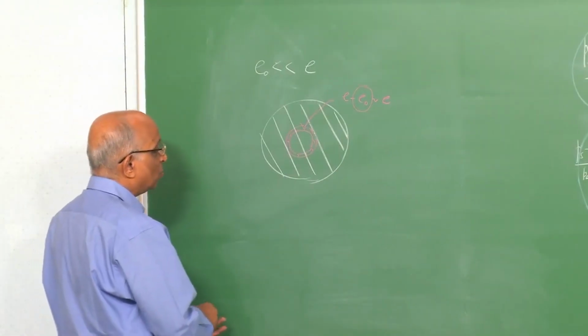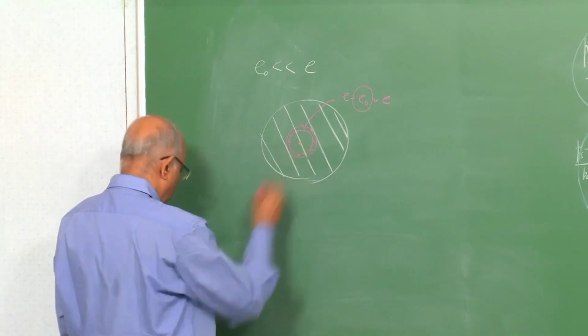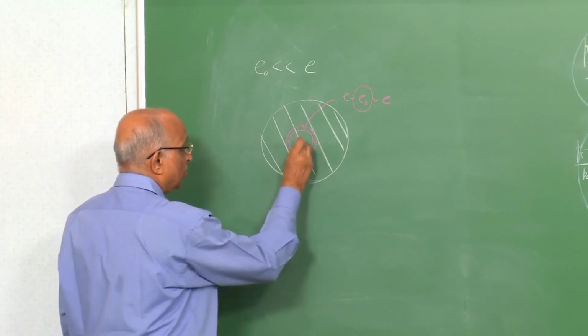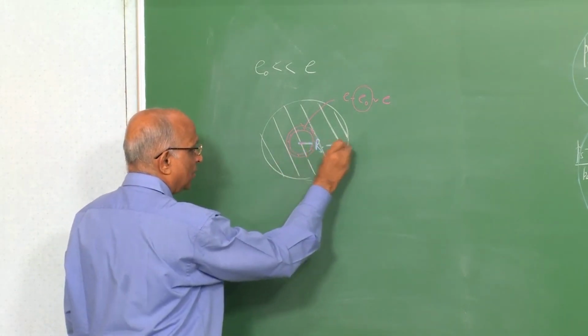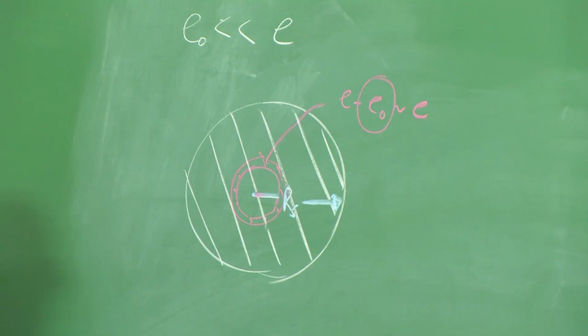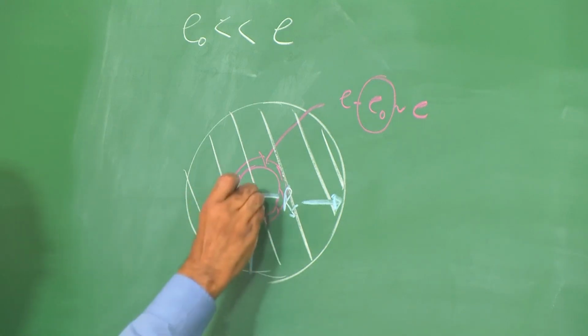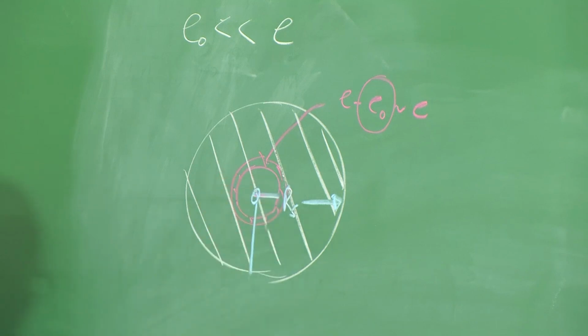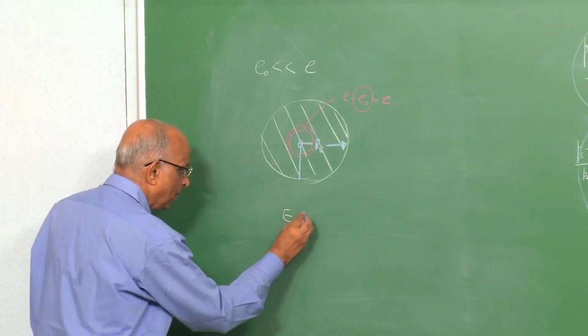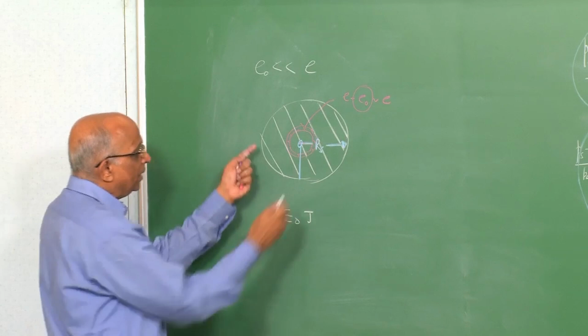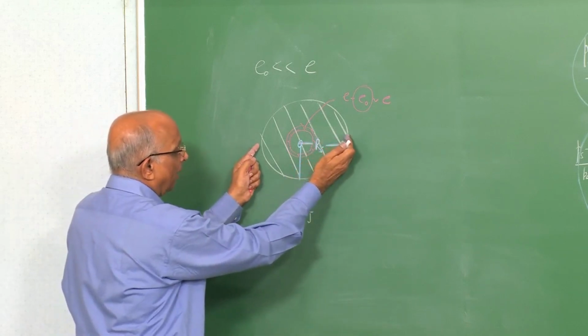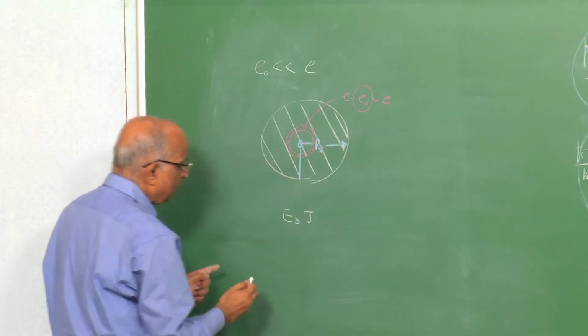Therefore, we tell ourselves, well the shock is over here, the source is here, this is the shock which is Rs distance away. And what is it we are telling ourselves? Well, the energy release by the source is again E 0 joules, and if the initial internal energy of the medium has to contribute, what is it we are saying?